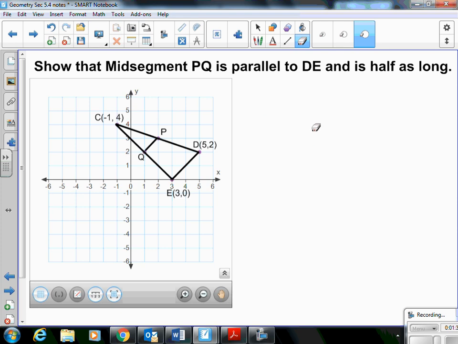So here it tells us to show that mid-segment PQ is parallel to DE and is half as long. So basically we're going to go through the process here to prove with math that that theorem is correct. First thing, we can figure out if they're parallel. In order for us to prove that they're parallel, what do we have to figure out?